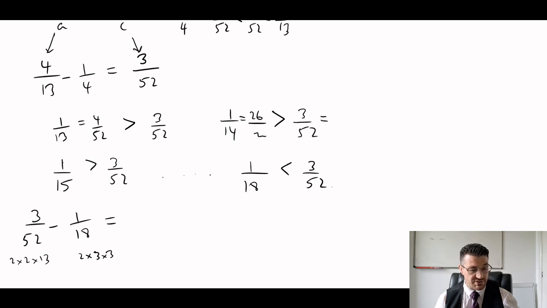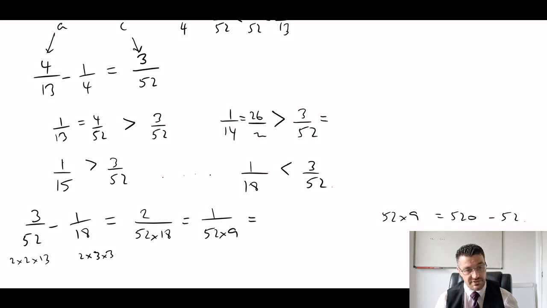These decompositions, and what I get is, I don't know, what do I get? Oh, it's 2 over 52 times 18, which is 1 over 52 times 9. 52 times 9 is 520 minus 52. 1 over 468.